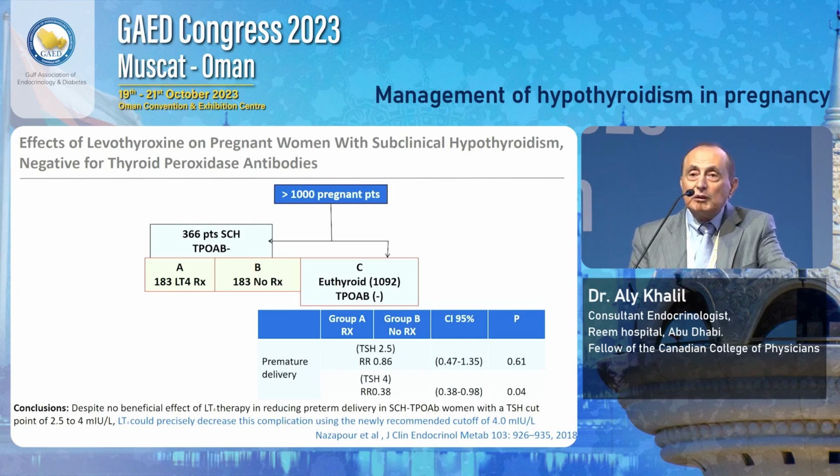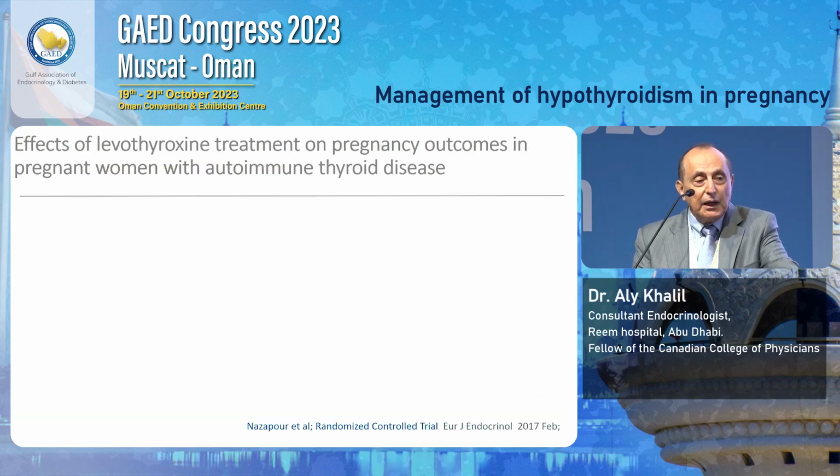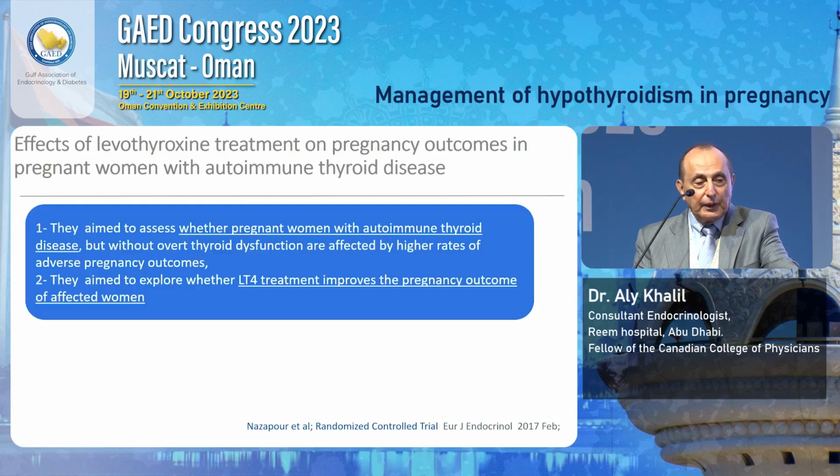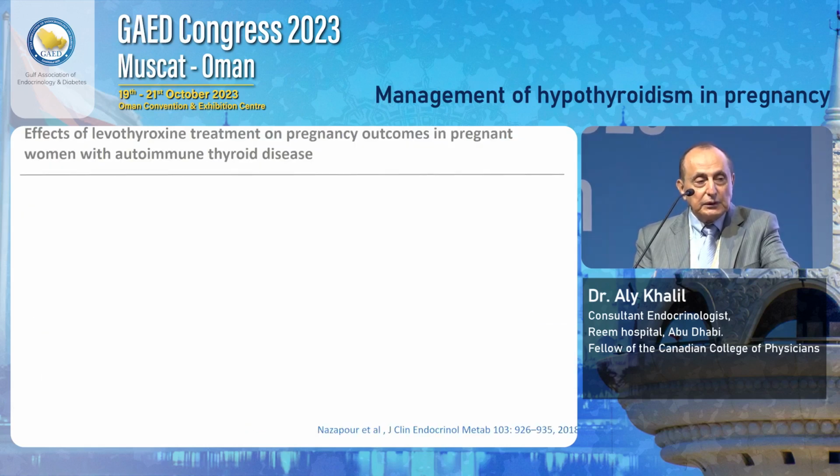So she confirmed the results of Negro when it comes to premature delivery, but not really when it comes to miscarriages. But again, it seems there is an impact. Having said this, I'll just go over this.